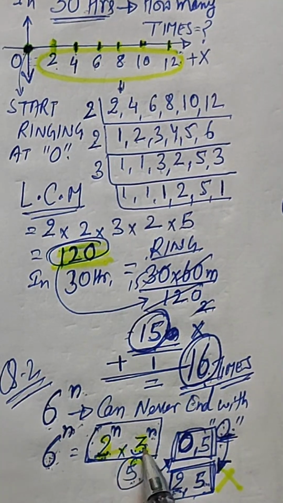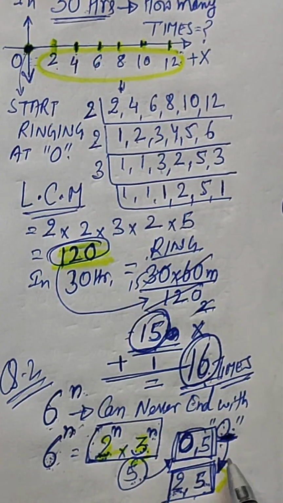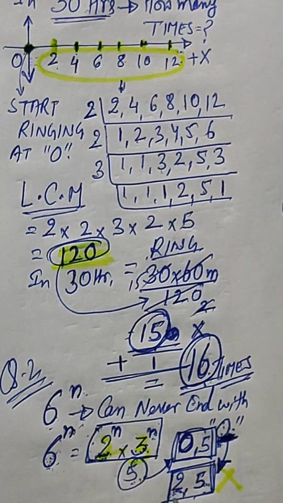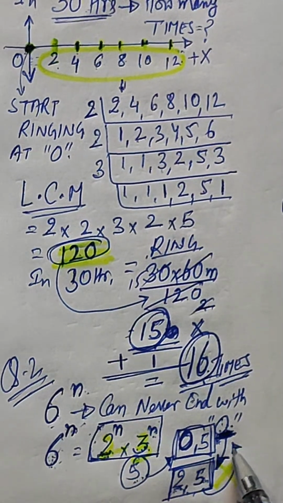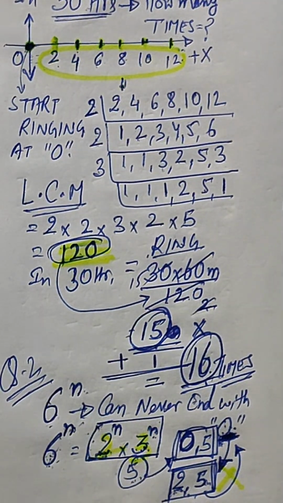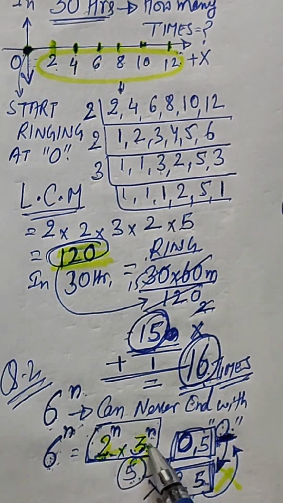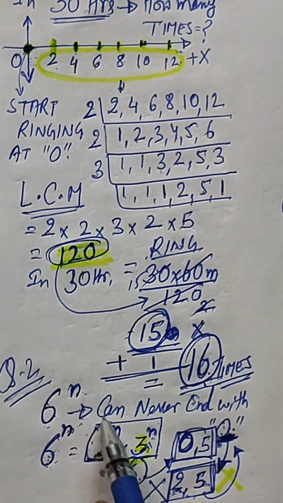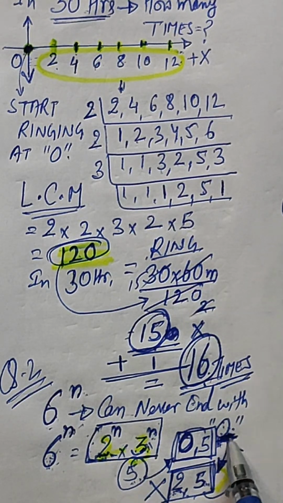To get 0 in the end, we should have 2 and 5 in place, then only we will have this 0, isn't it? And 2 and 5 is not there, it's 2 and 3. So we can say that 6 power n can never end with 0 for any natural number n, right?